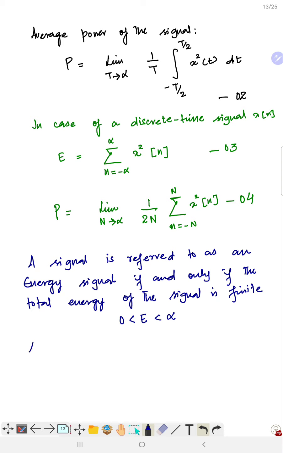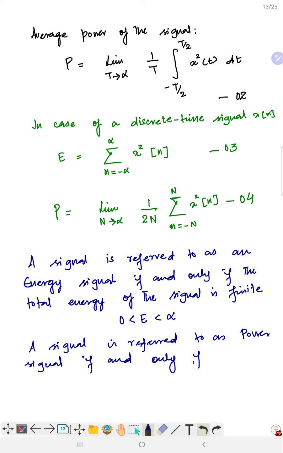Similarly, a signal will be called a power signal if and only if its average power is finite.